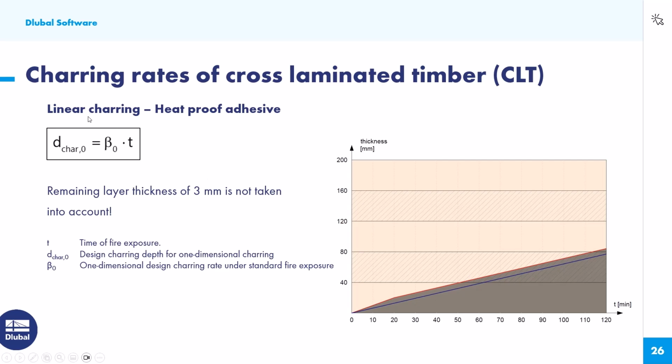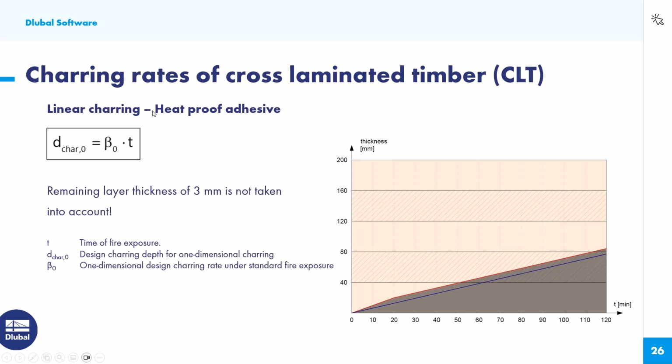Okay, so first we talk about linear charring. That's nothing else than our solid timber. So same rules. The only additional rule is for CLT and linear charring, layers smaller than 3 millimeters should not be considered anymore in the design, because the charring is of course not perfectly symmetric over the whole surface, and that's why it's better to neglect layer thicknesses smaller than 3 millimeters.